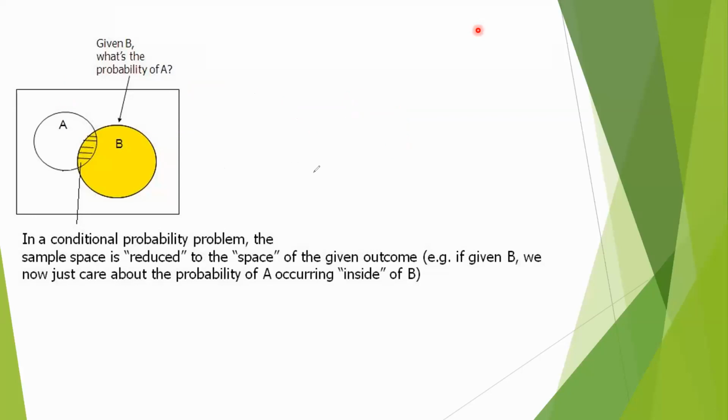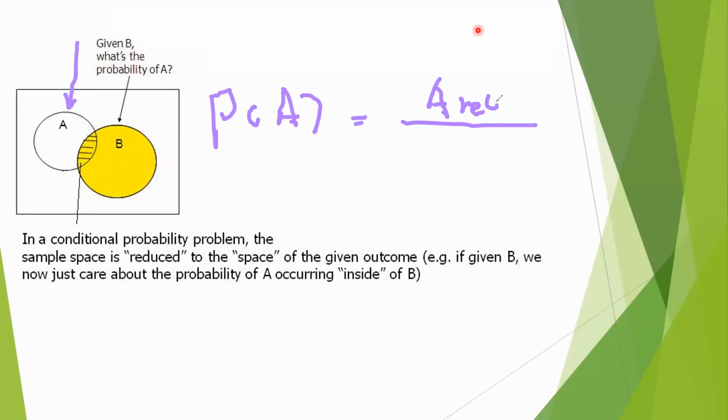When we talk about probability, there are two types of probability. One is the observed absolute probability, or in short, just probability. That's a simple probability. If we want to know the probability of event A, it's very easy: we just calculate the area of circle A divided by the area of the total rectangle.